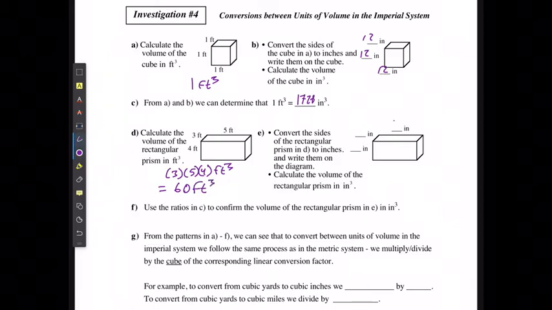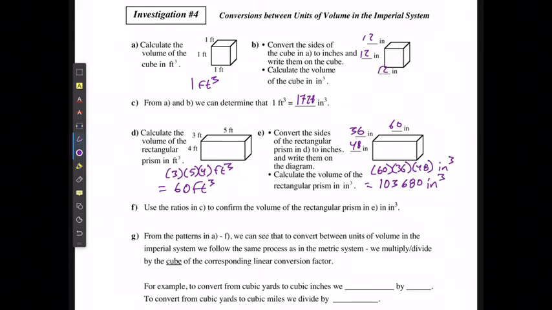At the same rate, 60 inches by 36 inches by 48 inches is going to give me 103,680 inches cubed.